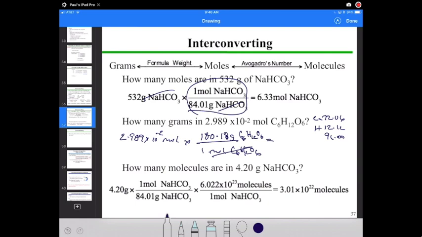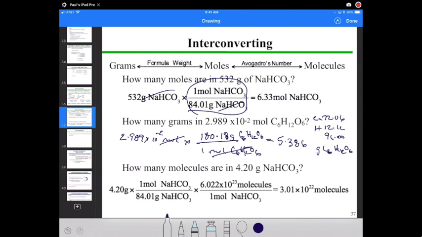In this case, I will have grams of C6H12O6, and if I do that times 0.02989, I get 5 grams, and in this case I have 4 sig figs, 386 grams.